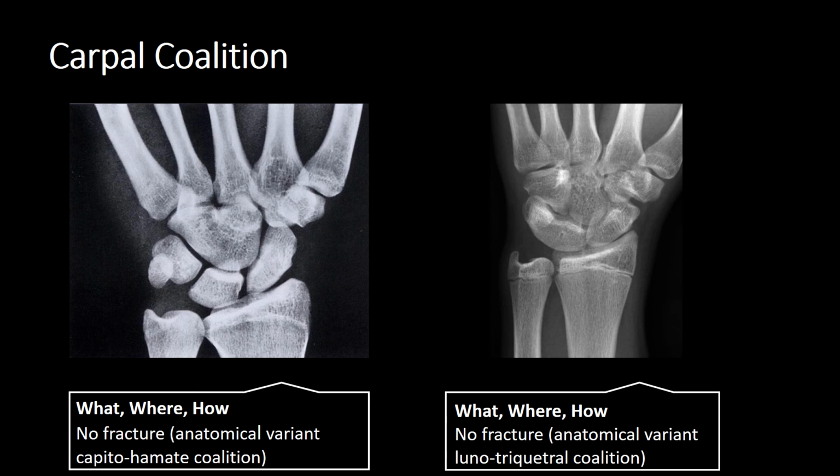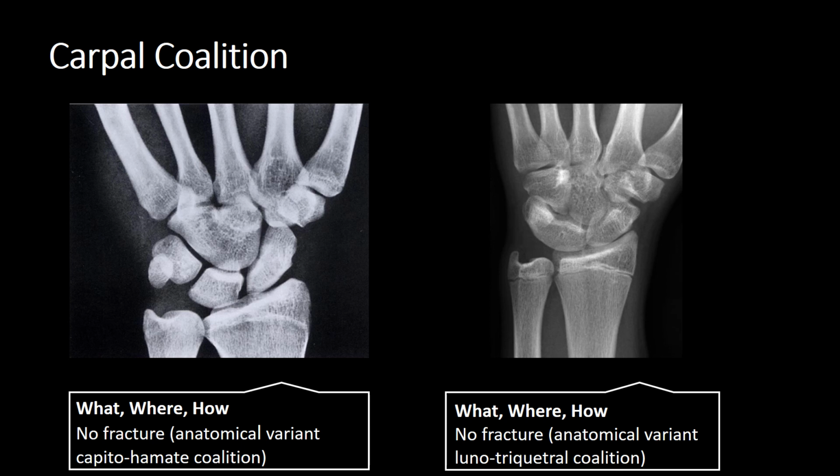Like the foot, carpal coalition occurs in the wrist. The most common carpal coalition is the capito-hamate coalition and the lunotriquetral coalition. These are coalitions that occur within the same row.